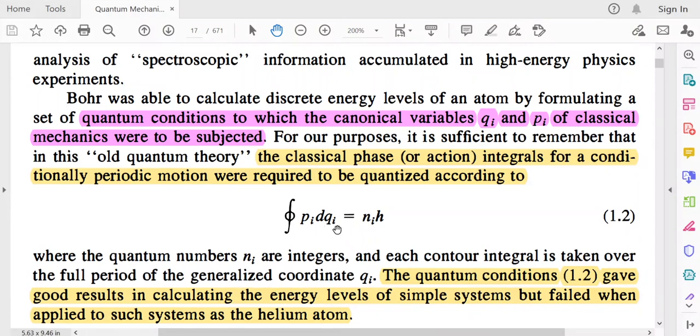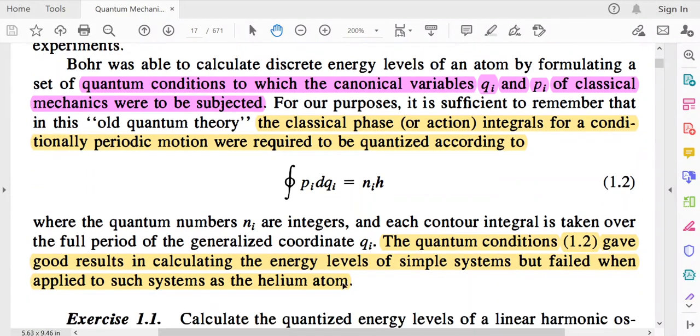Closed integration of dqi means that the integral is taken over the full period of qi.